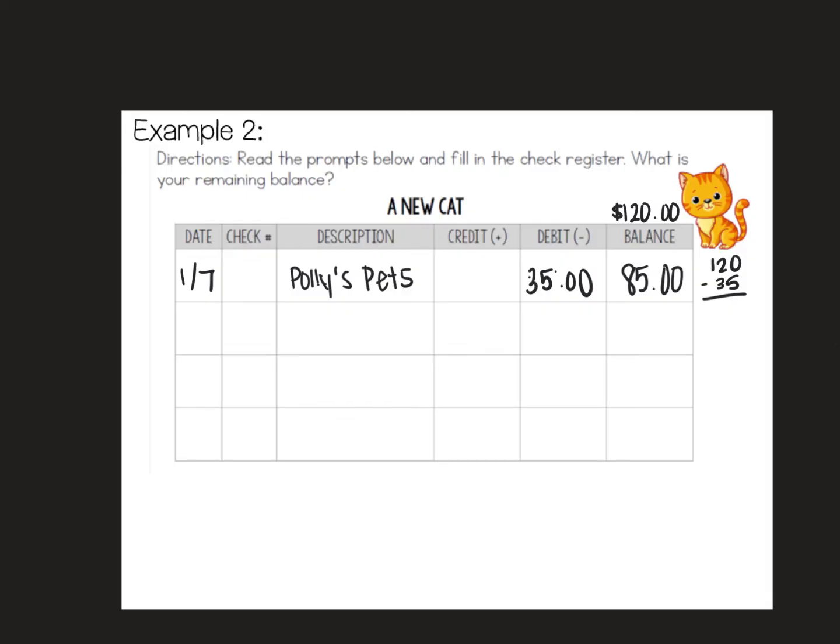Then it says on January 10th, so 1/10, it's the date we're going to record. Your friends throw you a surprise kitten shower, and you receive $71 in cash. You deposit it on the same day. So this time, I'm just going to put kitten shower. Again, you can put what description you want as long as it makes sense to you. This time, since we're receiving $71, that's going to go in credit.